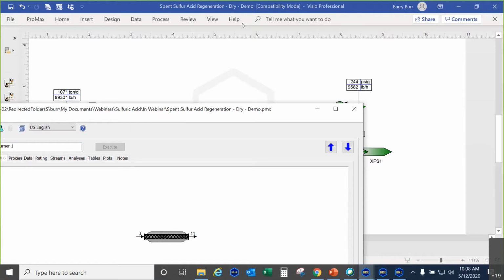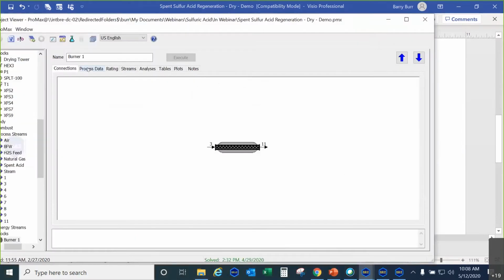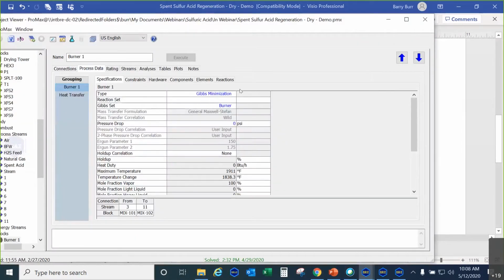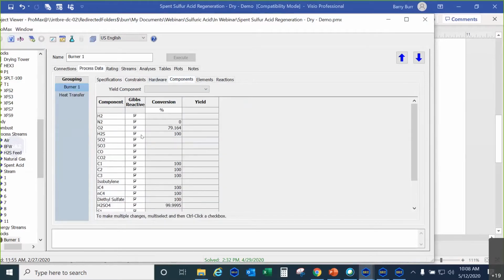And we double click on the burner. We go to the process data tab, and we're using Gibbs minimization. So there's no reactions to define. You just choose which components are going to participate in the Gibbs minimization. In this case, all the components present are going to participate in this Gibbs minimization reaction.